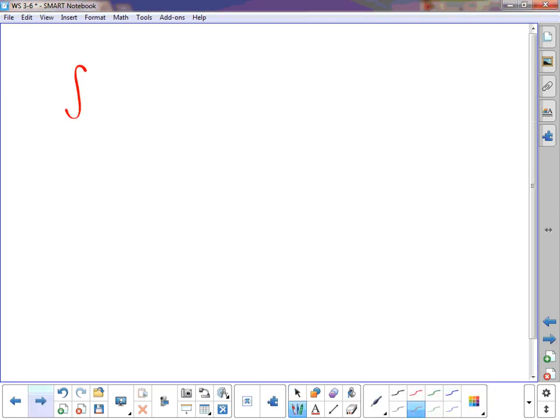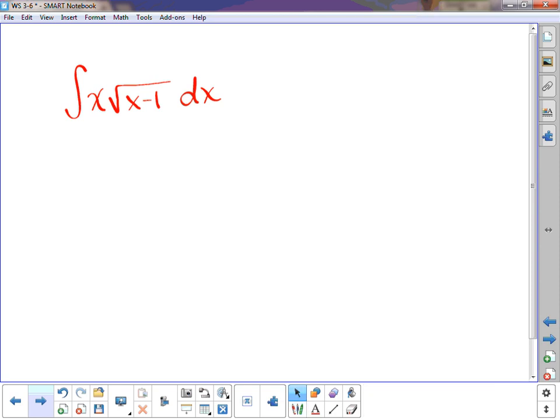So the integral of x times the square root of x minus 1 dx. So go ahead and give that a try. You will need to do u substitution, but keep in mind some of those weird things we had to do with that homework.